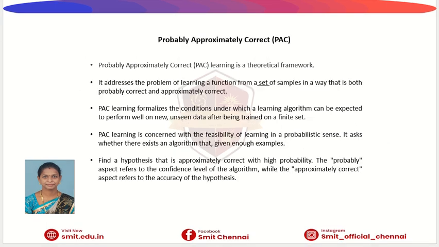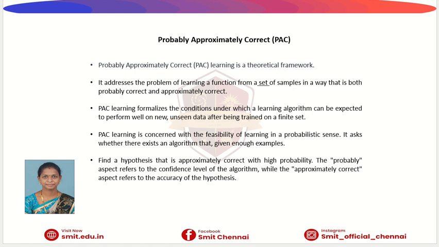The next topic is probably approximately correct, PAC learning. In this scenario, suppose a doctor diagnoses disease with 95% accuracy, 99% confidence. Would you trust them? Yes, of course. That's PAC learning.